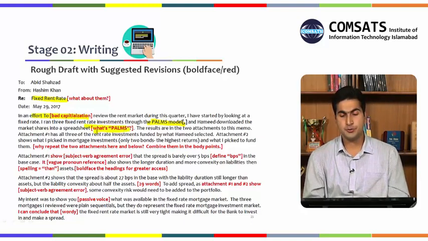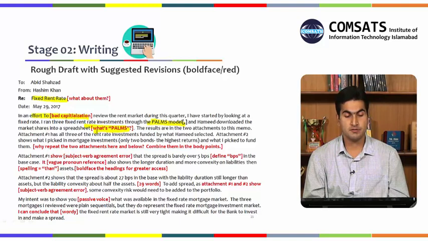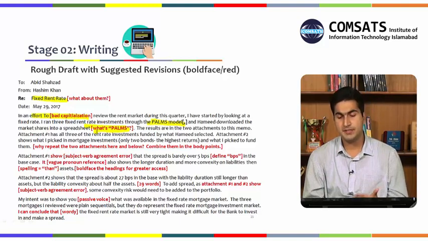The results are in 2 attachments, references here to this memo. Attachment 1 has all 3 of the rent rate investments funded by what Hamid selected, and attachment 2 shows what I picked in mortgage investments, only 2 bonds, detail and detail what I picked to fund them.